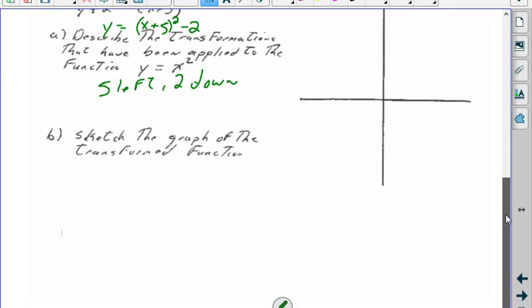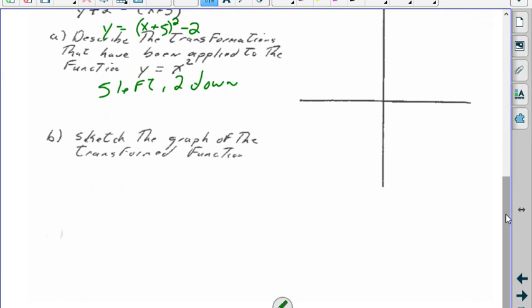Okay, so again, I haven't given you y is equal to x squared, but certain points on y is equal to x squared. I'm just going to quickly create a table of values. (-2, 4), (-1, 1), (0, 0), (1, 1), (2, 4).